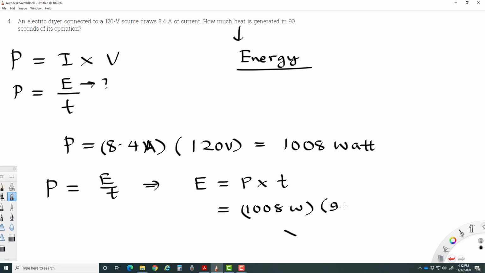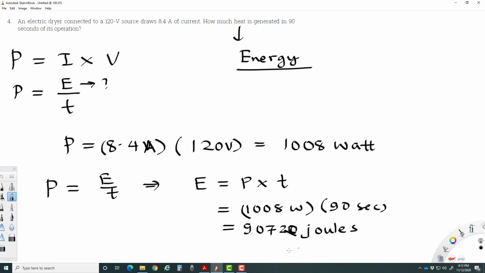So you use the dryer for 90 seconds, and that will give you the energy. That times 90 is 90,720. That's the energy, and the unit for energy is joules.